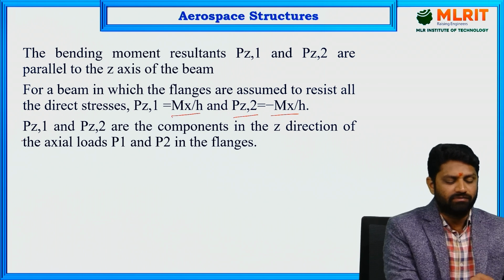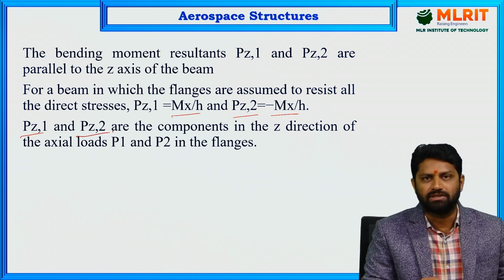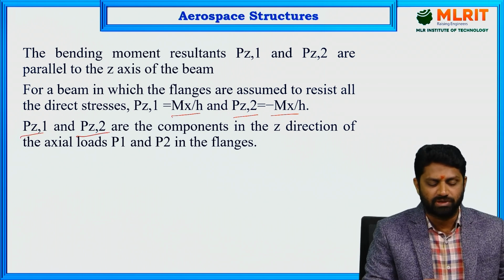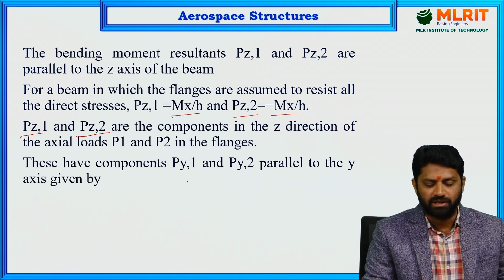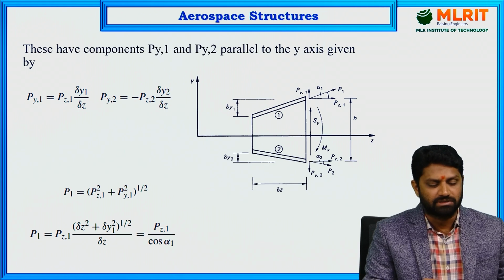Pz1 and Pz2 are the components in the z direction of the axial loads P1 and P2 in the flanges, and these have components Py1 and Py2 which are parallel to the y-axis. We can write these from this diagram.